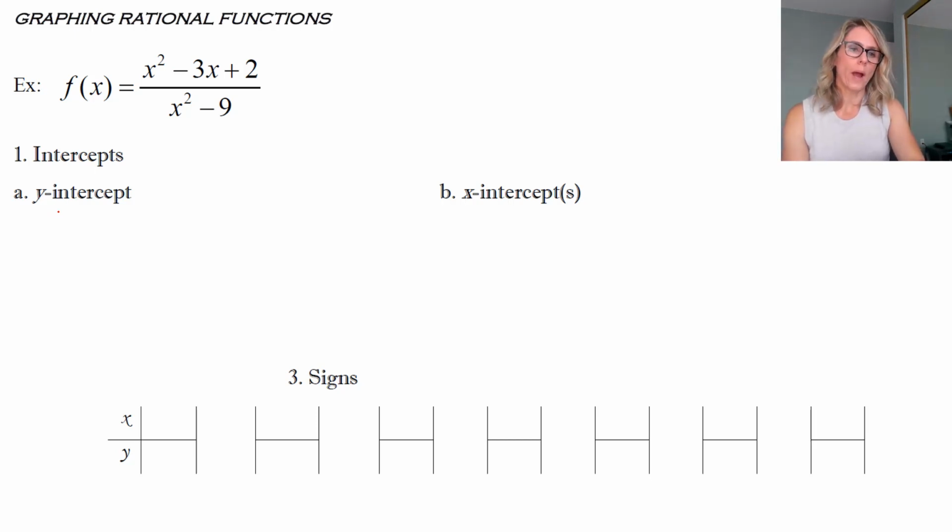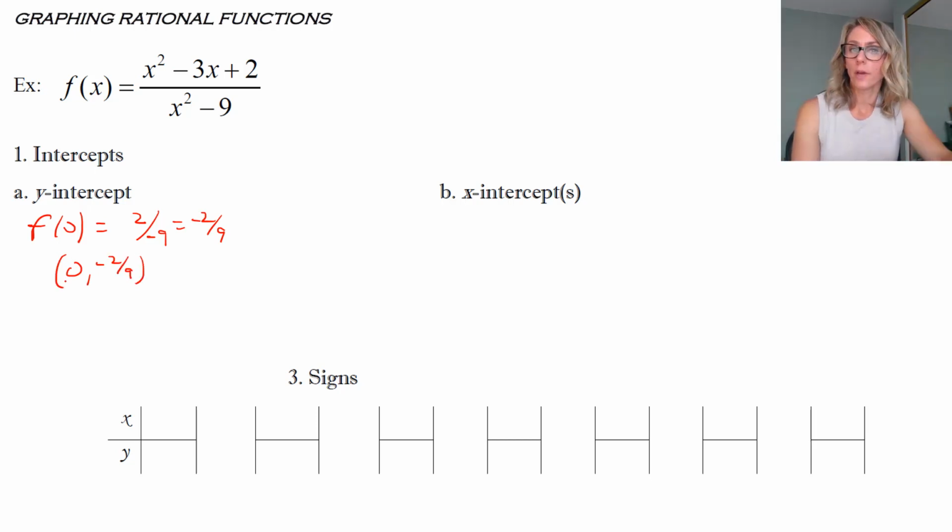In terms of the y-intercept, that is still just what happens when x equals 0. So you can plug that in. You can see that your numerator is going to be 2. If you plug in 0, your denominator is going to be negative 9. So we can pretty easily find a point on the graph of a rational function, which is 0, negative 2 ninths. So that's a value that we could put on our graph.